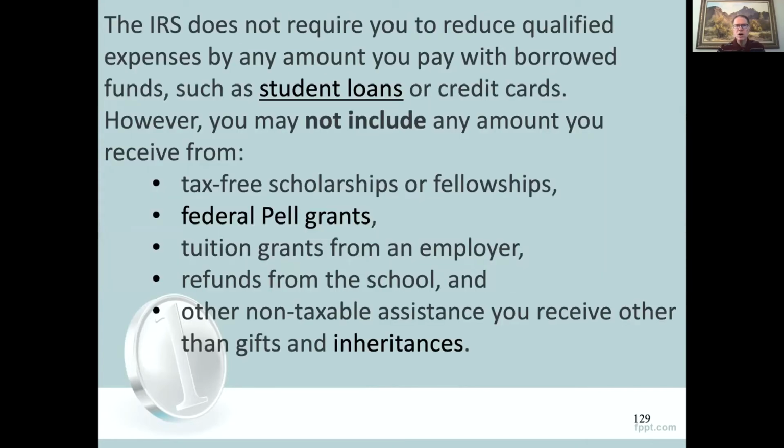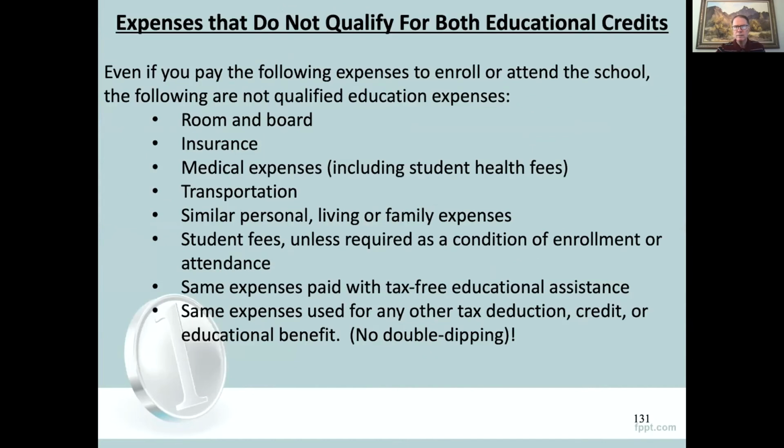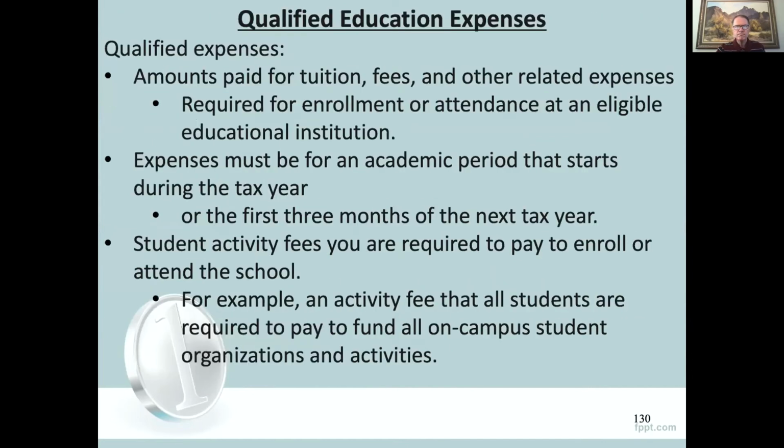Now, all those expenses are reduced because you may not include any amount that you receive from tax-free scholarships or fellowships or federal Pell Grants or other non-taxable assistance other than gifts and inheritances. Qualified expenses.